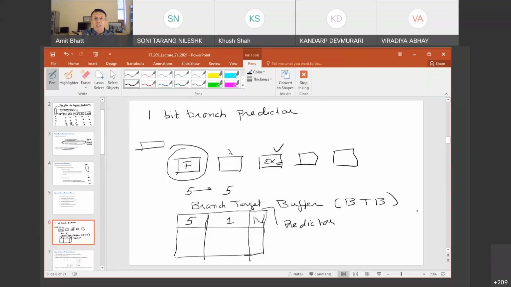So when I say that the loop is taken a very large number of times, that means that initial wobble, where 5 was not known to be a branch, and then 1, and the initial prediction was not taken, is fine. Next time when 5 comes, initially it was not taken, but when it is actually taken, you change it to T. This is how a 1-bit predictor would work. And you will automatically predict that after 5, instruction number 1 would come.